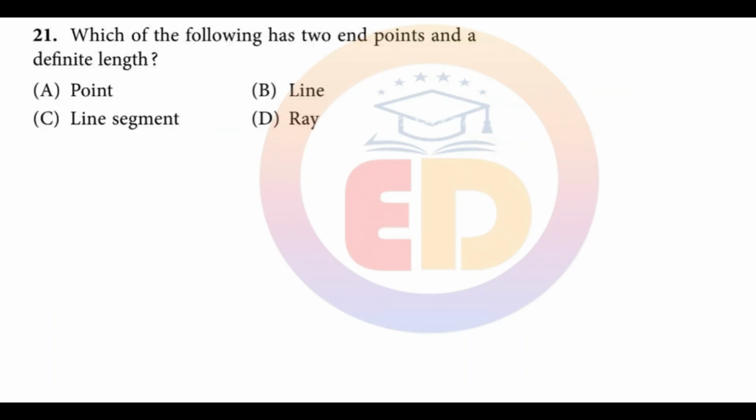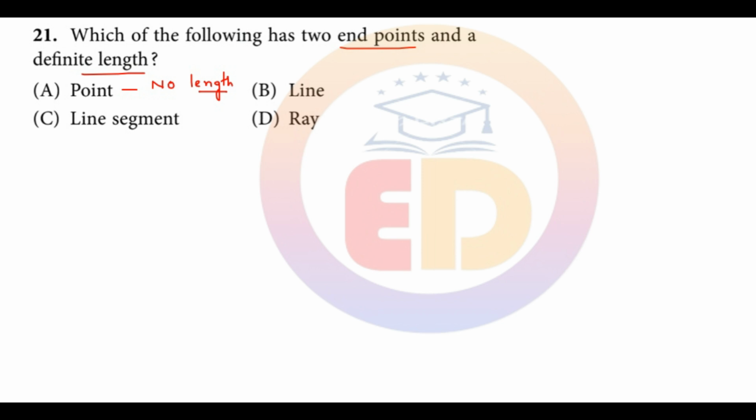Next question, which of the following has two endpoints and a definite length? Now we talk about a definite length. Then a point has no length, it has no breadth, it has no height, it has no thickness.